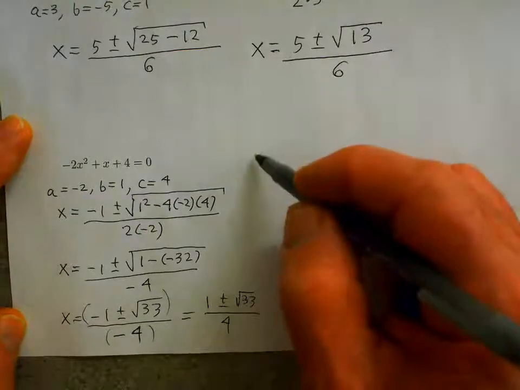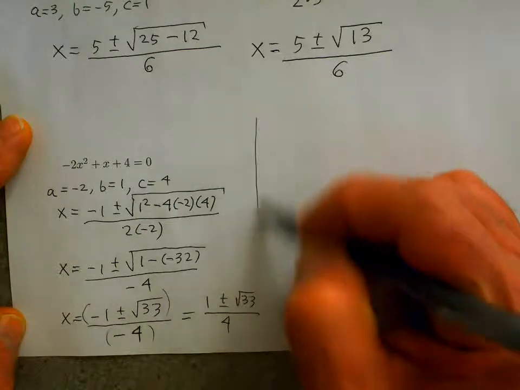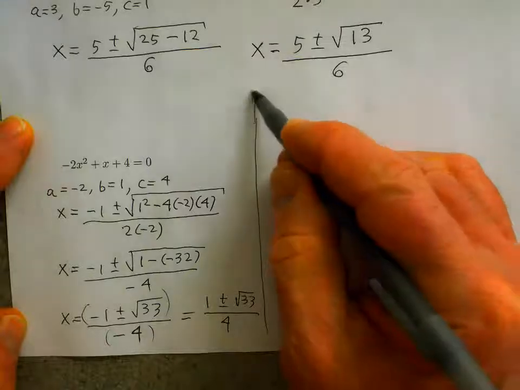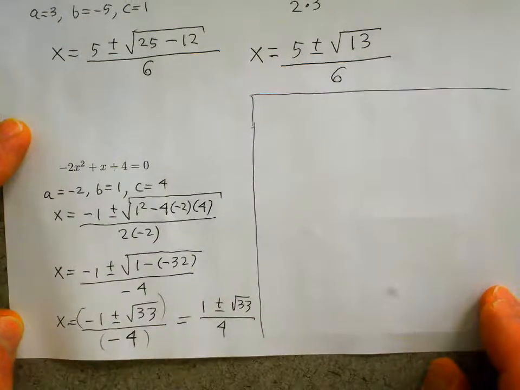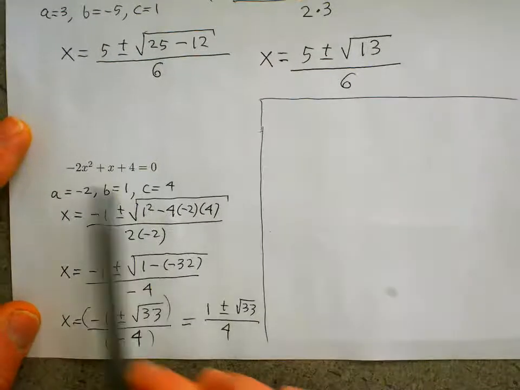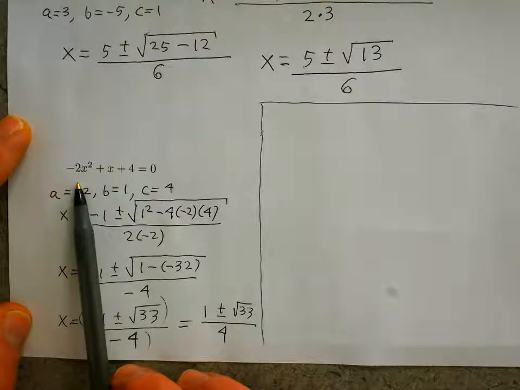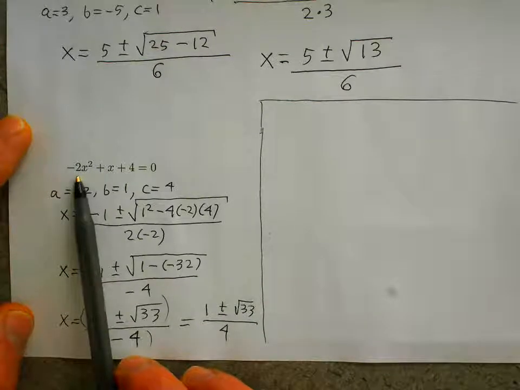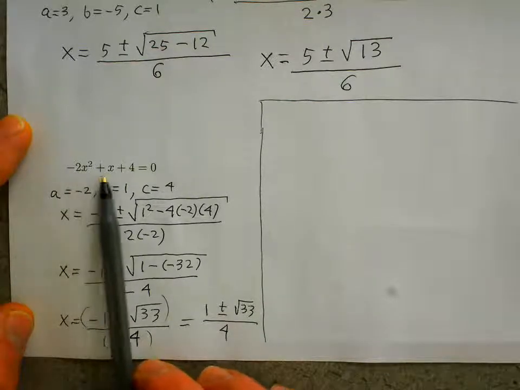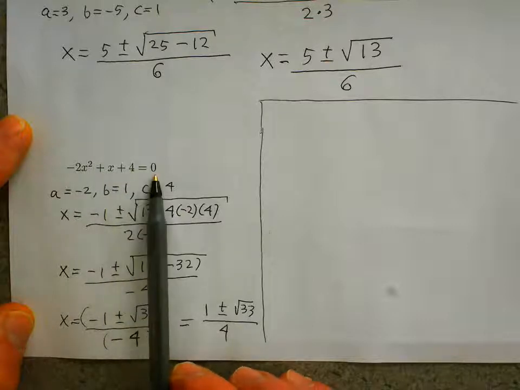Okay, but I wanted to save this space over here to show you an alternative, which I've alluded to already, I think yesterday. We're starting out with -2x squared plus x plus 4 equals 0.